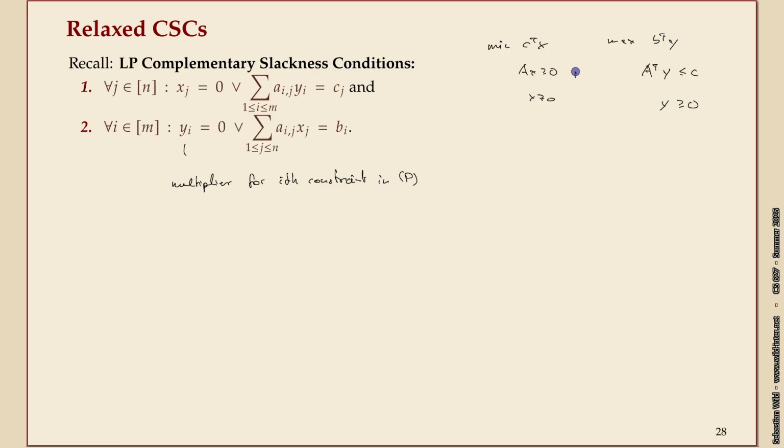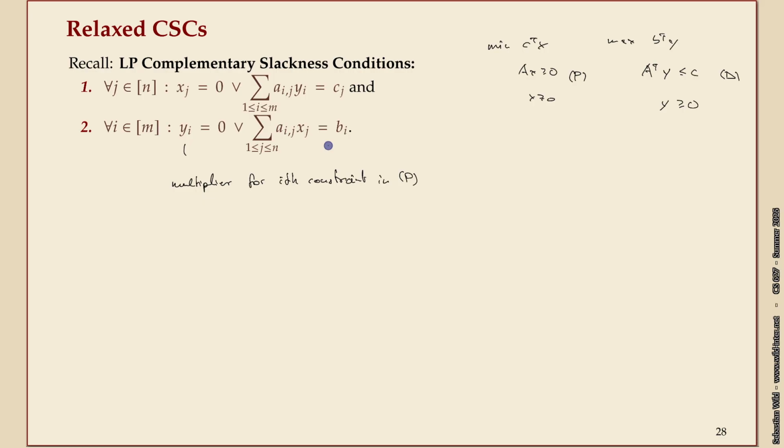I think I'm always going to denote this as the primal, this as the dual. It would help if the p wouldn't look like a d, and vice versa. So x can be seen as the multiplier of the jth dual constraint. And here, this is just one of the constraints where you replace the greater or lesser equal with equality.